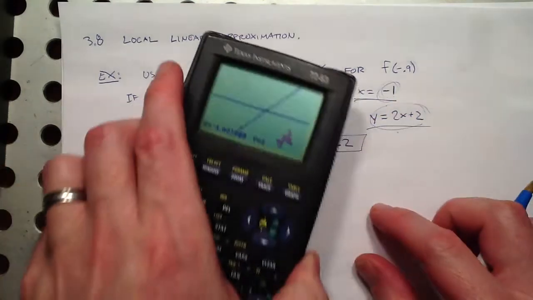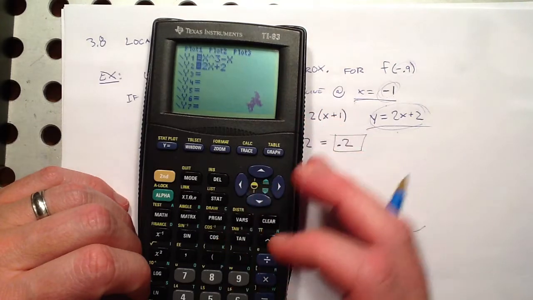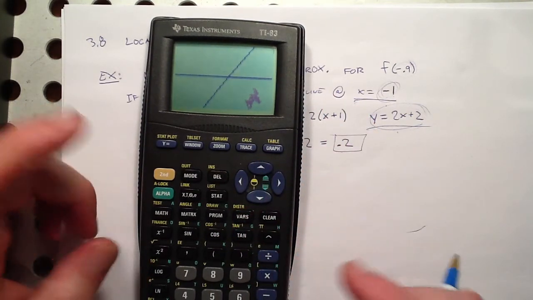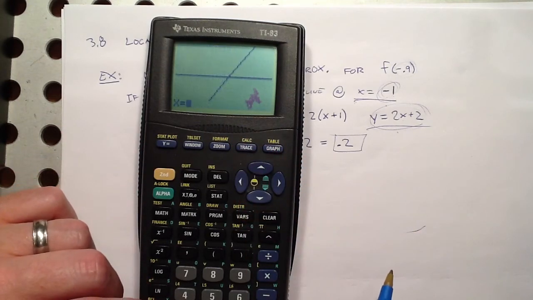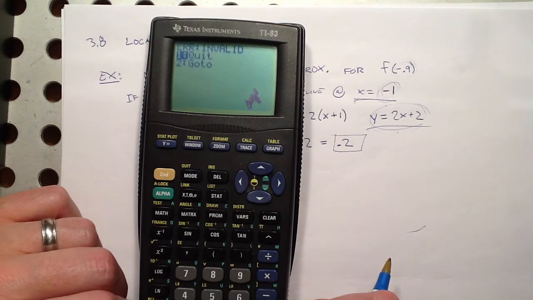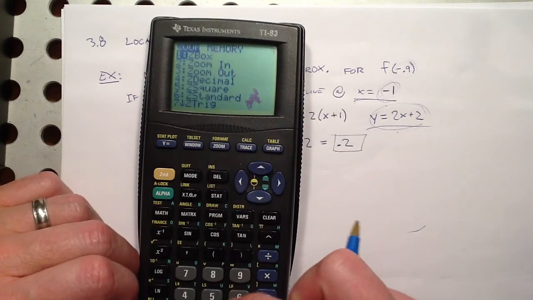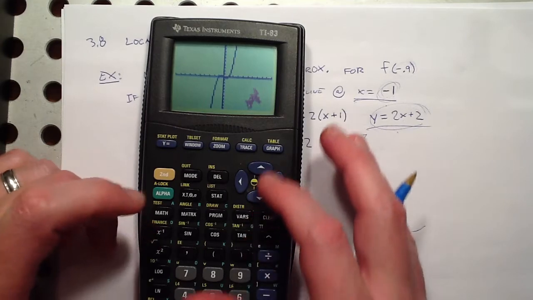And of course, we can go back, turn this one off, and go back to this function and find out what it actually is. Why did it do that? Maybe because I'm so zoomed in. Let me go back to zoom 6 and try that again.